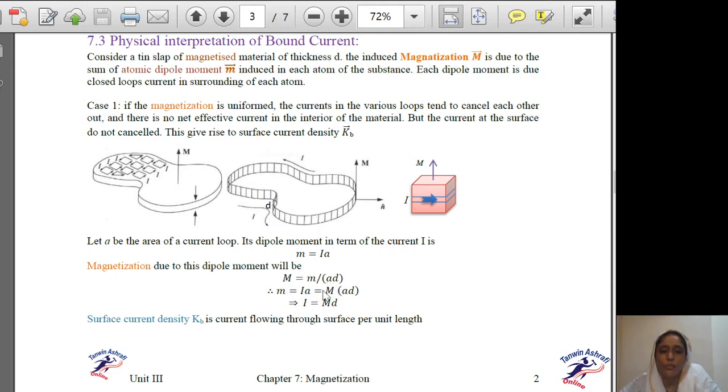Now, small m is therefore equal to I times A, which is equal to M times A times t. A and A get cancelled, and we get the equation that the current I is equal to magnetization times the thickness t. Surface current density is the current flowing through the surface per unit length.